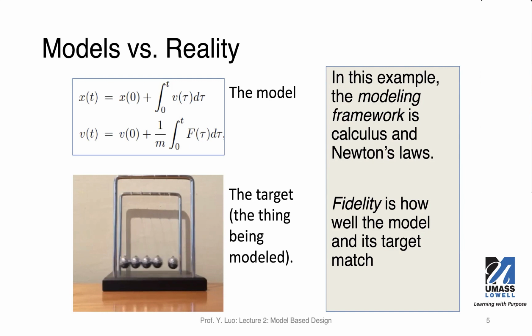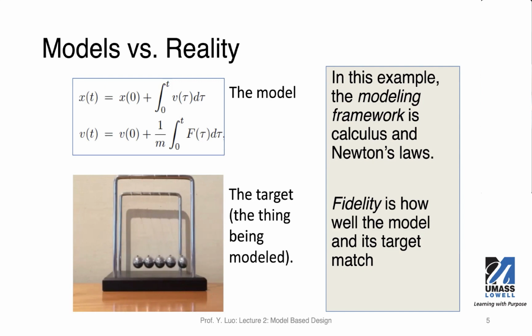The goal here for this example is, of course, we want to use such mathematical models to capture this physics process. And fidelity is how well the model and its target match. If there's no energy loss in any form, this process can go on forever.